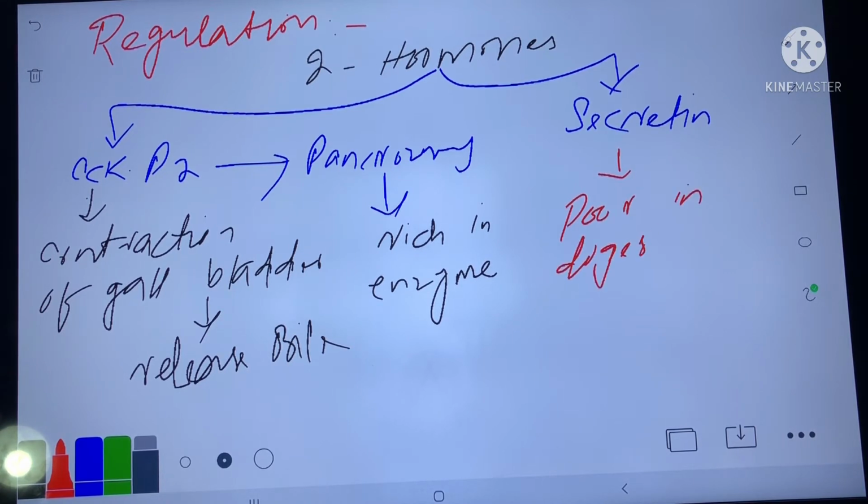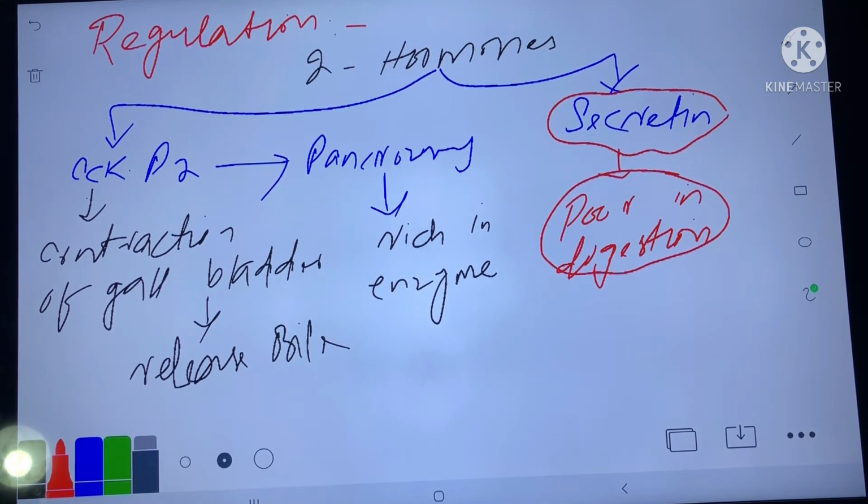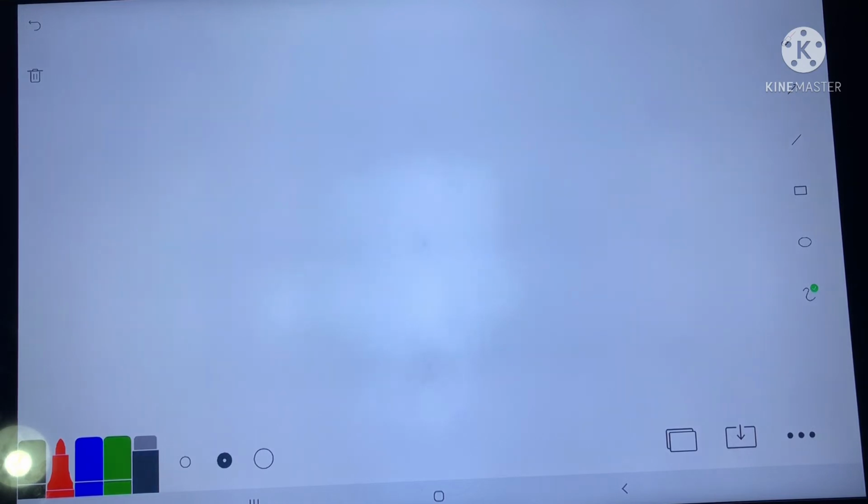It means that the secretion from the pancreas which is regulated by secretin is poor in digestive enzymes because it does not have enzymes, but this secretion is rich in bicarbonate ions. So because of secretin, most of the pancreatic secretion is alkaline.